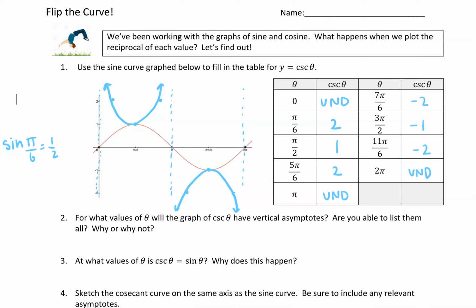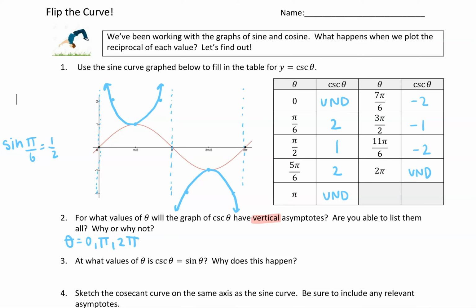All right, so question 2 says, for what values of theta will the graph of cosecant have vertical asymptotes? Well, I already kind of gave that away. They're at 0, pi, and 2 pi. For all the theta values, 0, pi, and 2 pi. So what does that mean? It's going to keep repeating, right? So every asymptote is going to fall at an interval of pi.